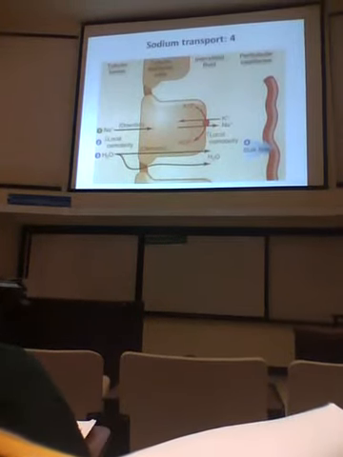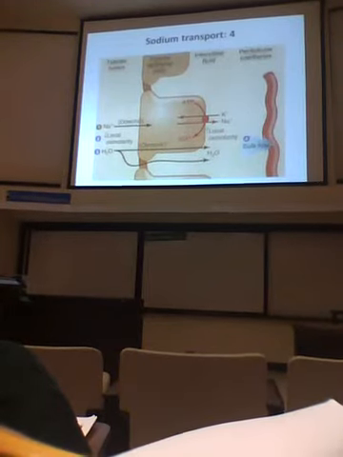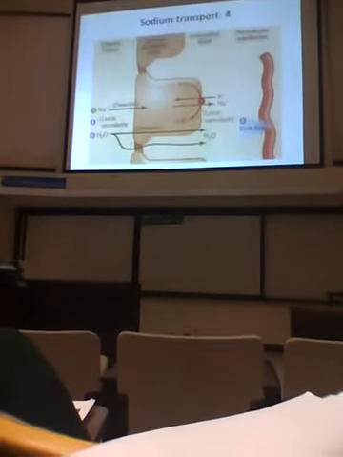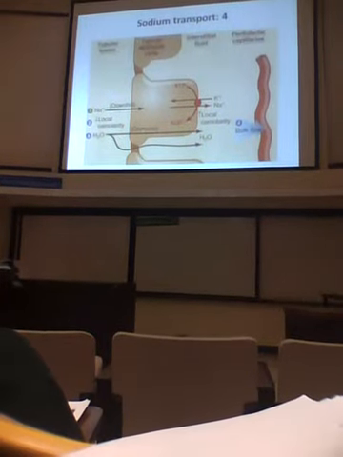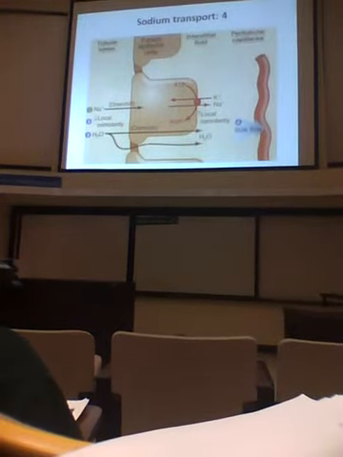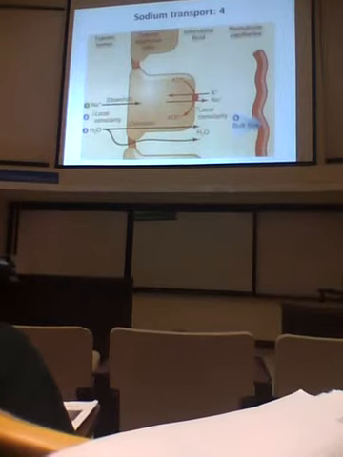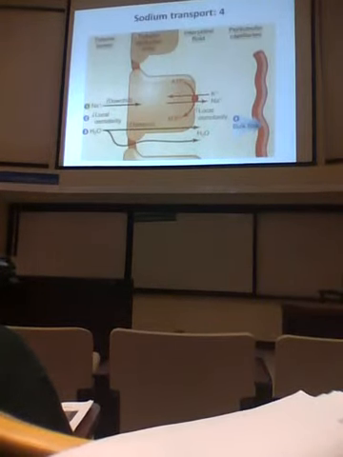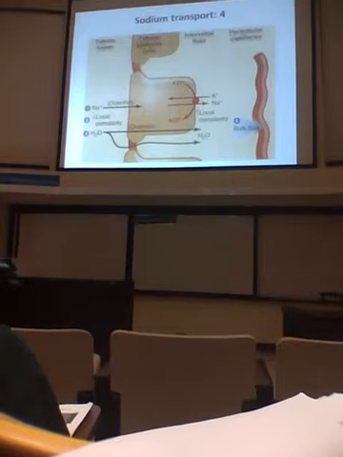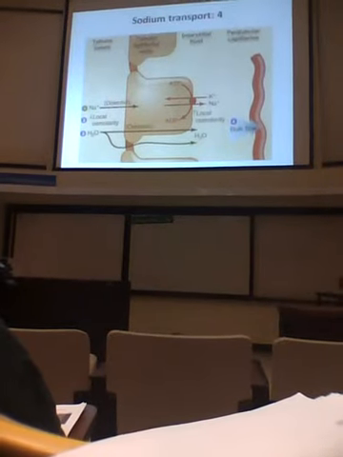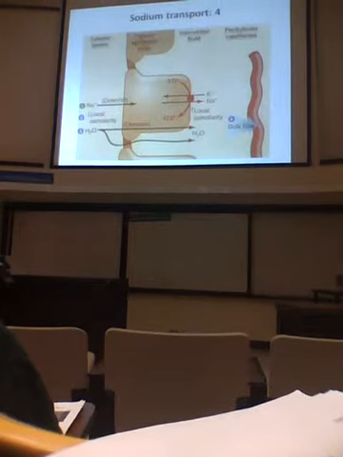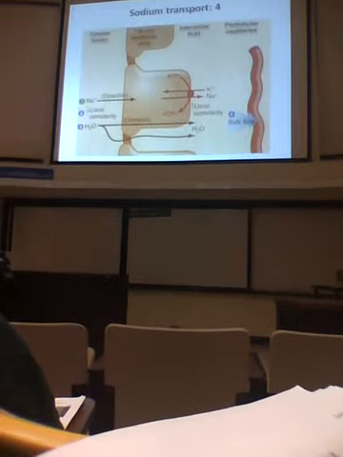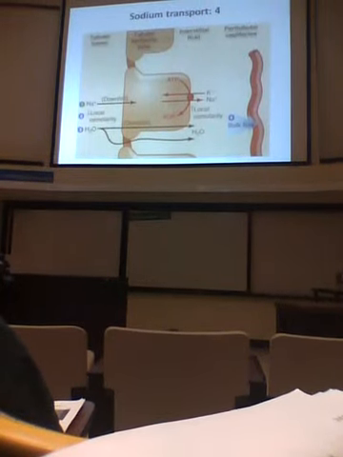The effect of that is to lose sodium from the lumen, and you have a local decrease in osmolarity, allowing water to diffuse in through the cells and to some extent between the cells to where the local osmolarity for sodium is high.